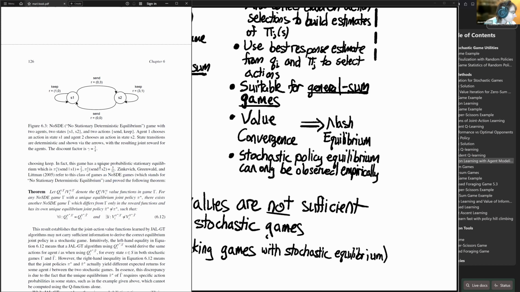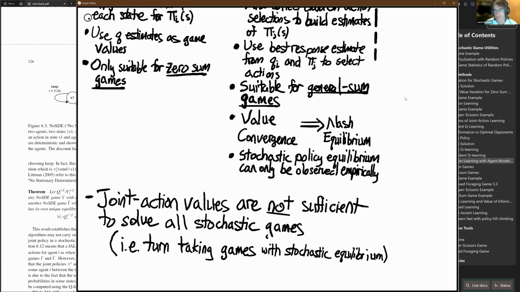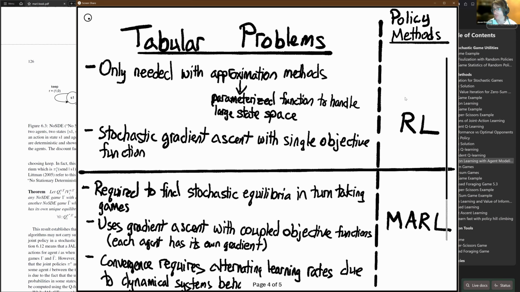So the fact that this problem exists means that in order to really solve tabular problems in general, we need to consider a different technique. And that's the technique that's the conclusion of this chapter. It's a policy method, meaning instead of focusing entirely on action values, we're going to look at the policies of the agents and try to directly optimize the policy for the behavior that we want.